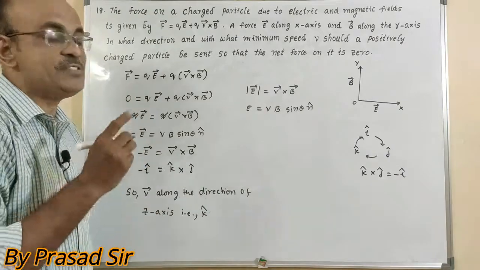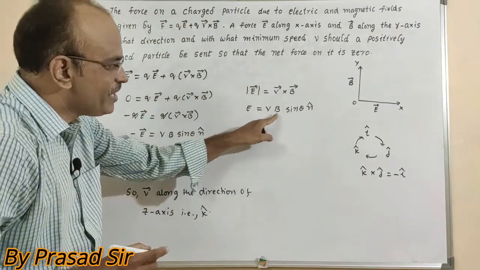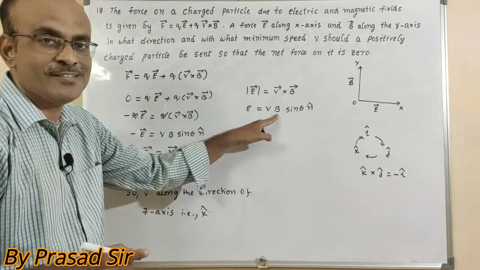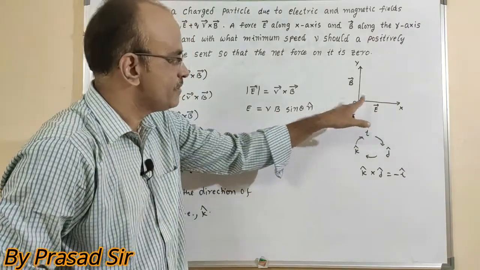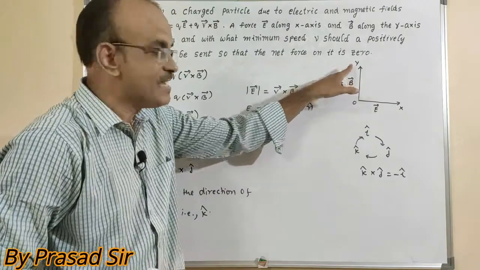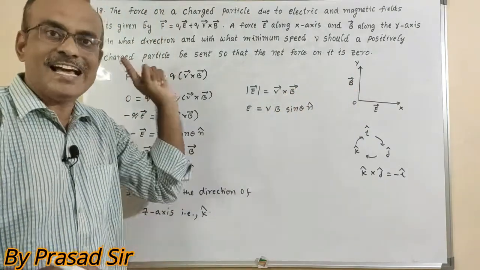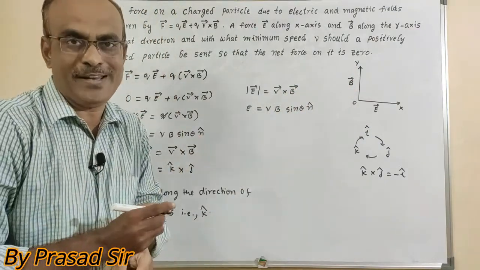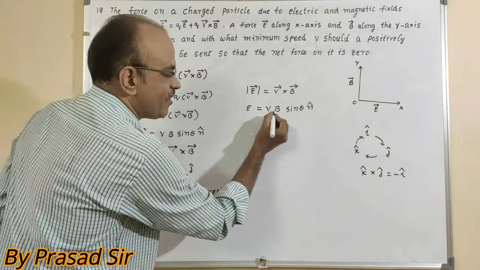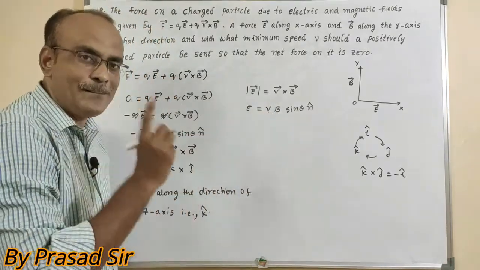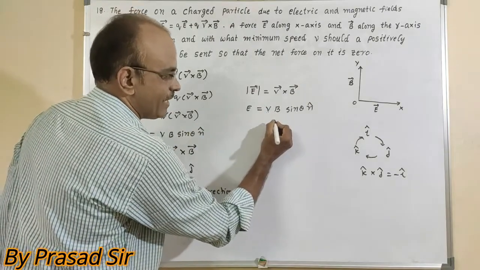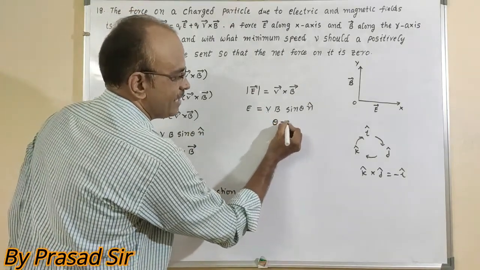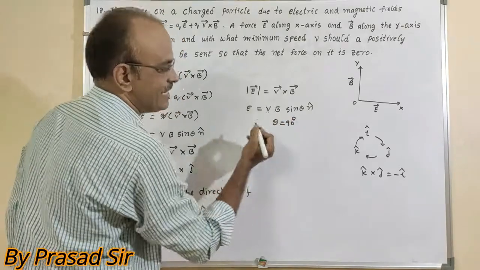One thing remember, this is very important. What about the V and B vectors? Remember, E vector is along the x-axis, B vector along the y-axis and V vector along the z-axis. All are mutually perpendicular. So V vector is perpendicular to B vector, and that's why theta is equal to 90 degrees.